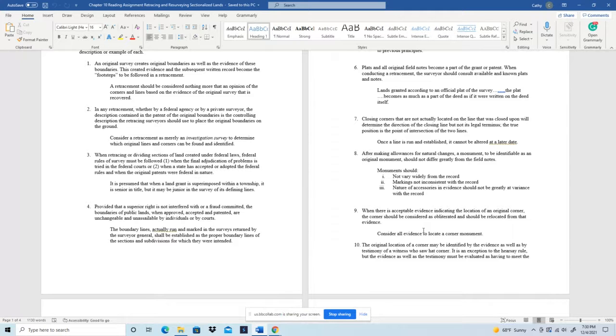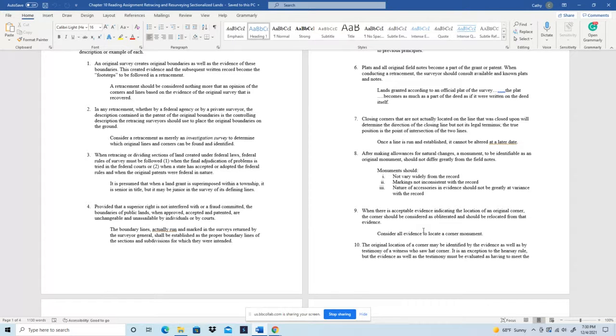Markings not inconsistent with the record, and the nature of the accessories and evidence, should not be greatly at variance with the recording. All surveyors should realize monuments set at corner points are like people. Time affects each one differently. The character and dimensions of the monuments and evidence should not be wildly different from the recordings, and the markings and evidence should not be inconsistent.